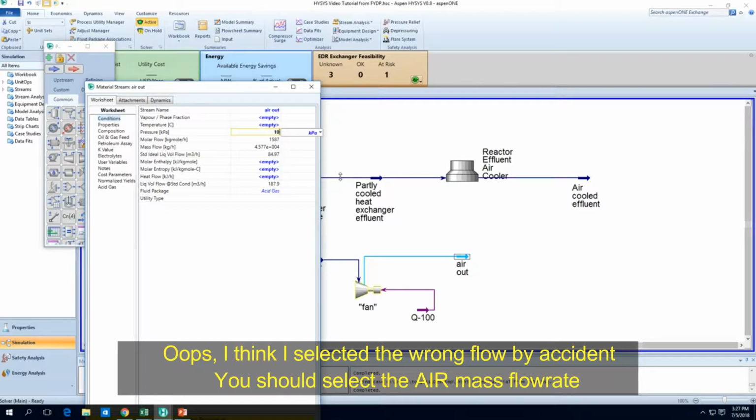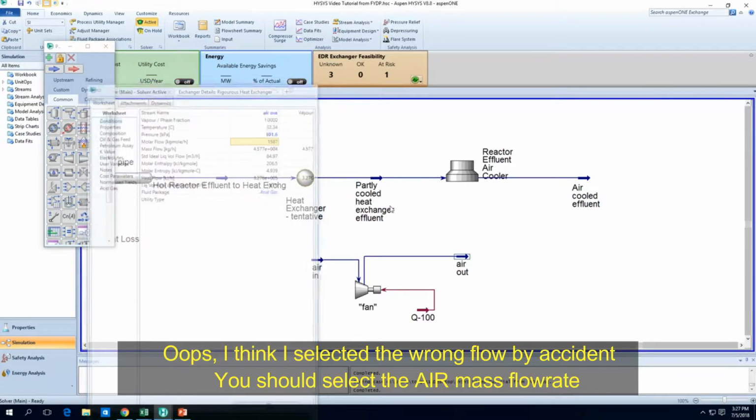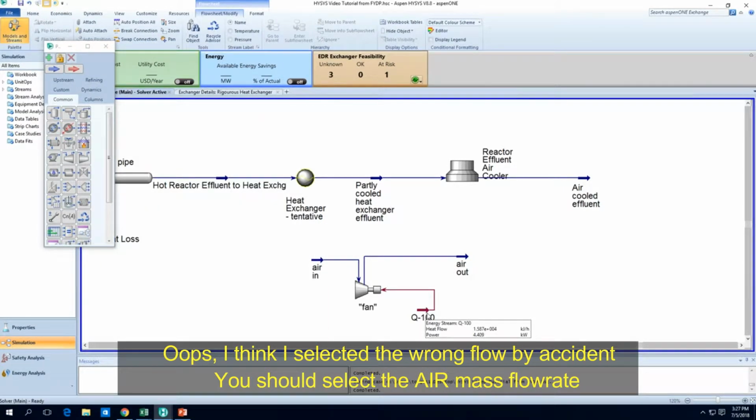So 101.6 kPa is the estimate of the pressure of the air out. And we can see that the power being used is quite minuscule, about 4 to 5 kilowatts at most. So our air cooler is going to take at most, maybe if you increase it 10 times, 44 kilowatts, which is actually not a lot.